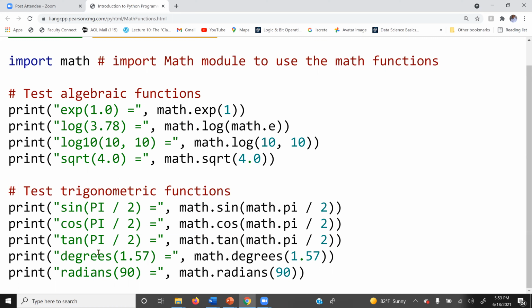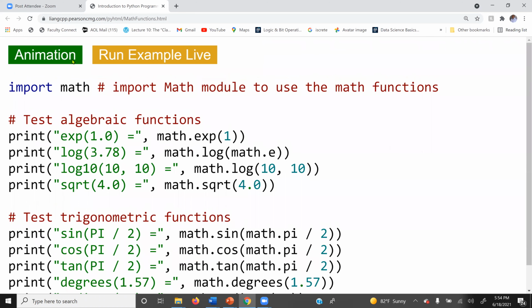We also test the sine. We find the sine of pi by 2, cosine of pi by 2, where pi is 180 degrees, and then degrees of 1.7. Again, this means we are changing radians to degrees, or from degrees to radians.